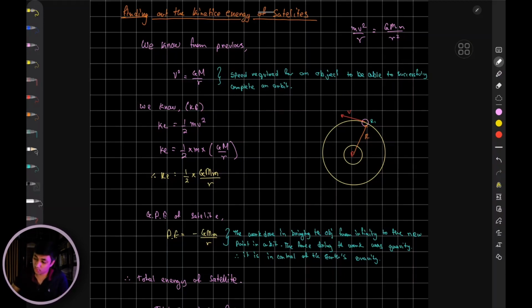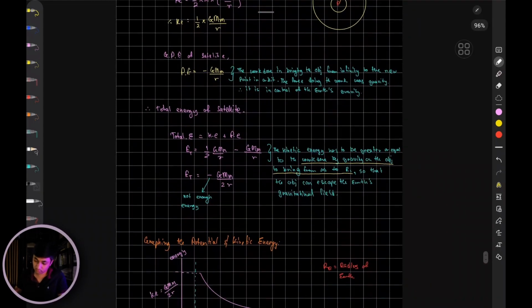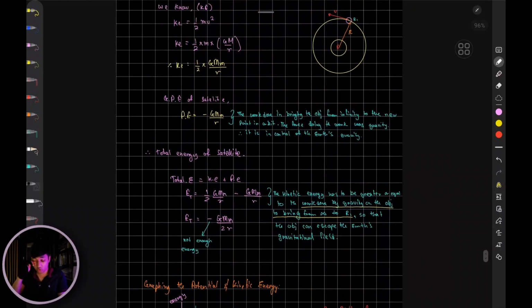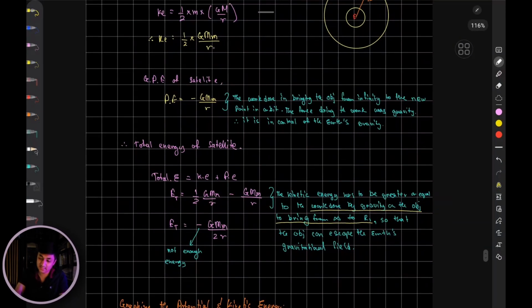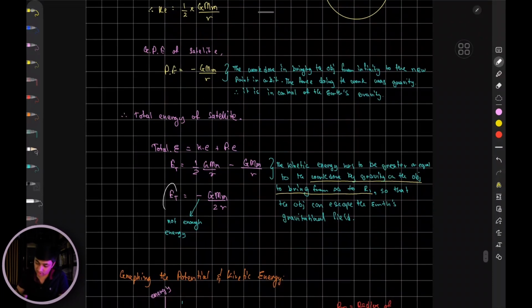So let's work with that idea. We can figure out the total energy of the satellite at this point. It has this kinetic energy and this potential energy. So E total is half GMm by r minus GMm by r.